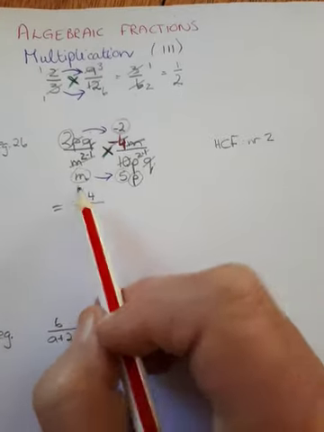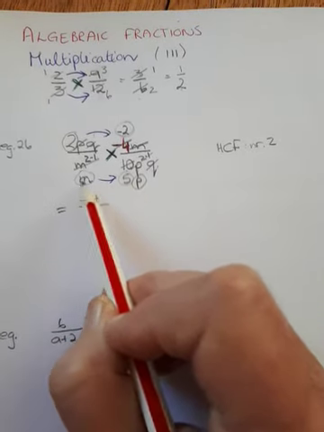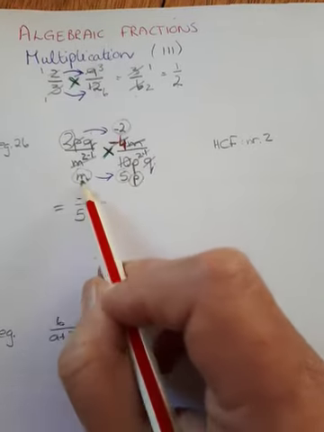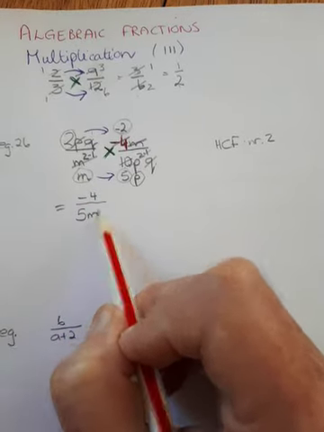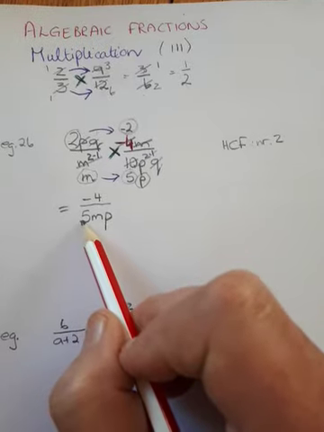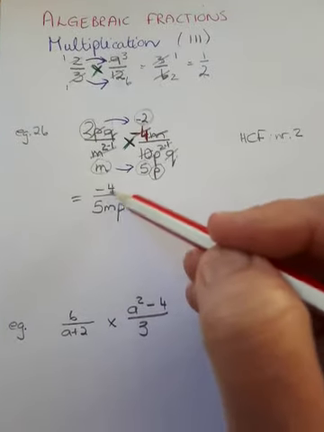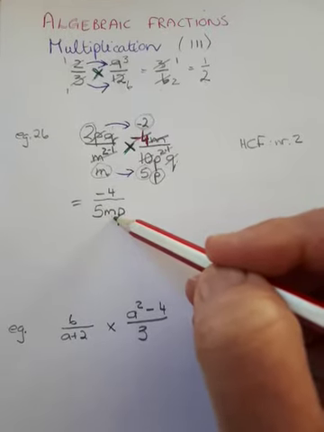And my bottom is m times 5p, so that's really 5 times 1 is 5. M times no other m is m, and p times no other p is p. So that gives me 5mp. So my answer is negative 4 over 5mp.